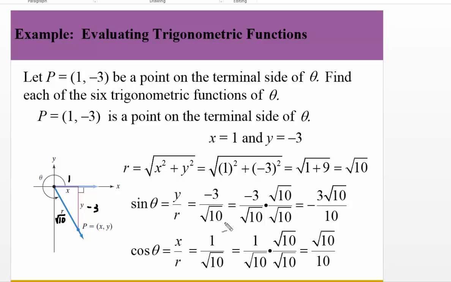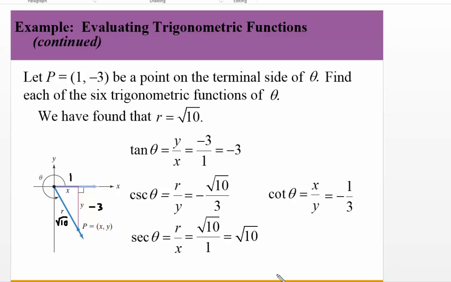Now, before you go ahead and rationalize as the example did here, I would go ahead and jot this down for the secant, or I'm sorry, the cosecant of theta, because when you take the reciprocal of sine, that's cosecant. You can just go ahead and reverse that right now. Here's the secant one down here. If you take the reciprocal of cosine, that will get you the square root of 10, and then rationalize. I always like to do that as I'm looking at these.